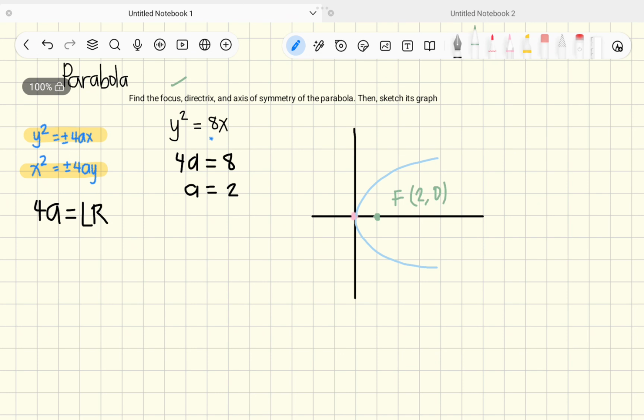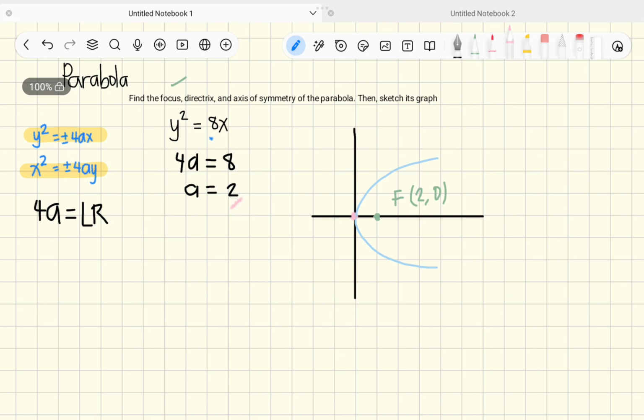Next would be the directrix. Recalling, whatever distance you have from the vertex to the focus is equal to the distance from the vertex to the fixed line called your directrix.